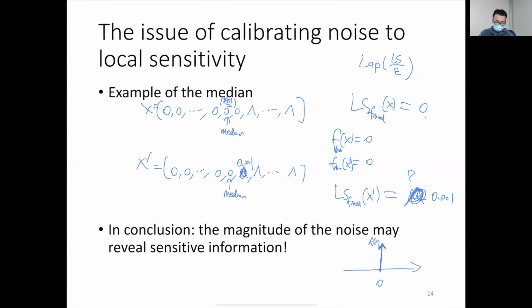On the other hand, for x prime, A of x prime will be a Laplace distribution, something like that, around f of x prime. So I argue that you can distinguish these two probability distributions with perfect accuracy.